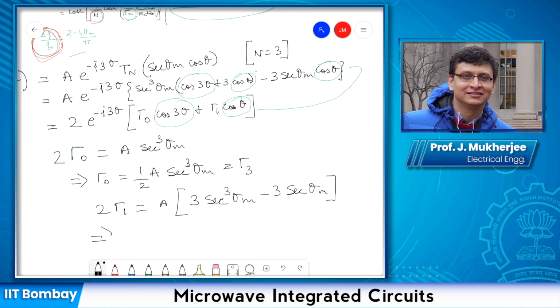From here, then gamma 1 is equal to 3 by 2 a times sec cube theta m minus sec theta m, and this is equal to gamma 1.